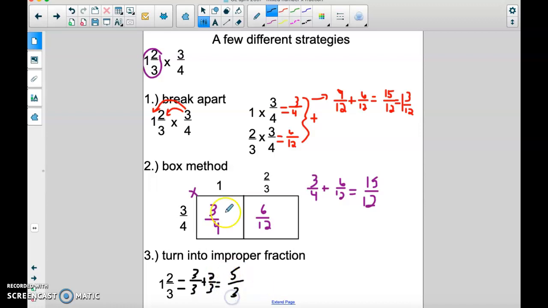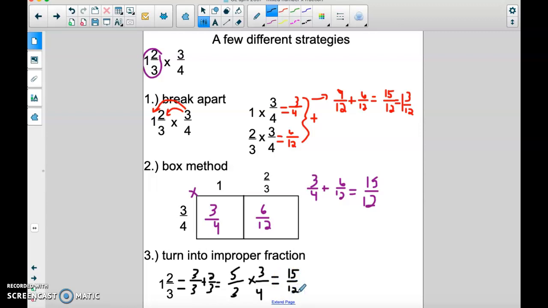And now all I have to do is 5/3 times that 3/4, because 5/3 is equal to 1 2/3. But now instead of having to break it up or make a box, I just have a fraction times a fraction, and we were rocking that last week. So it's same song, second verse kind of thing. And then we just end up with 15/12.